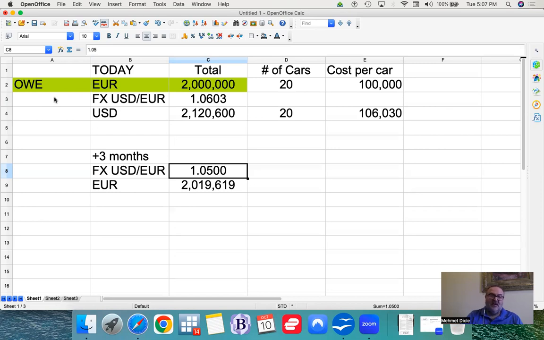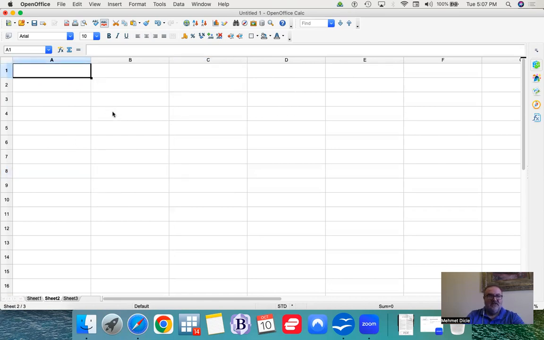So we're going to start with a 2 million euro debt that we need to pay in 3 months, and then we're going to have a scenario analysis in which we will talk about how to hedge this risk. So let's start with that. Let's go to the next sheet.